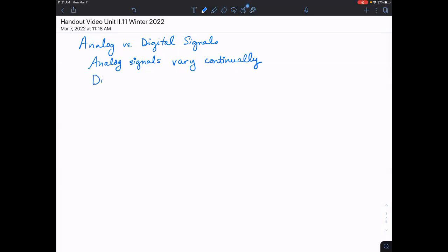Whereas digital signals are broken into discrete chunks.